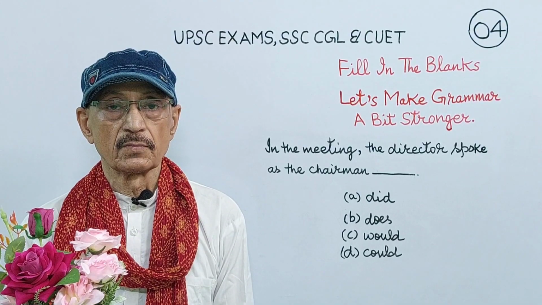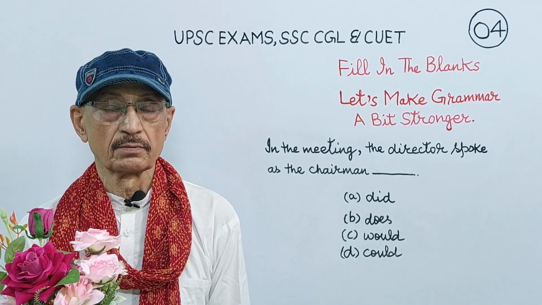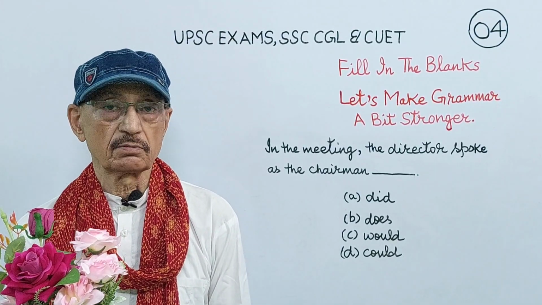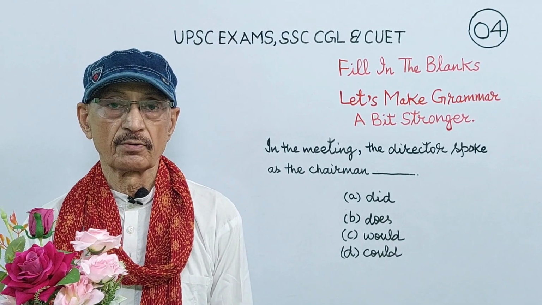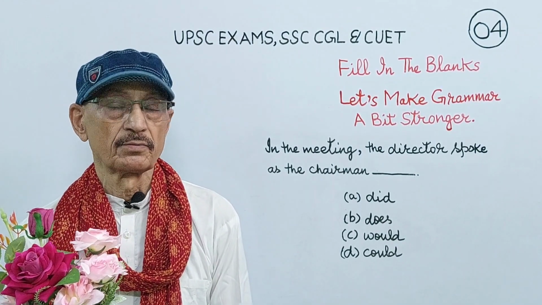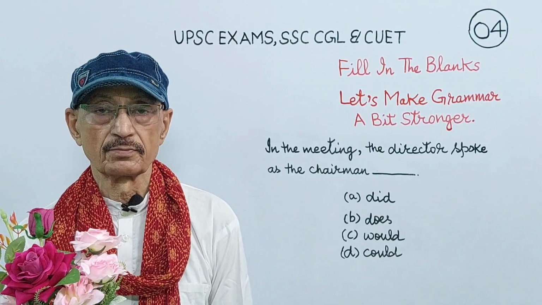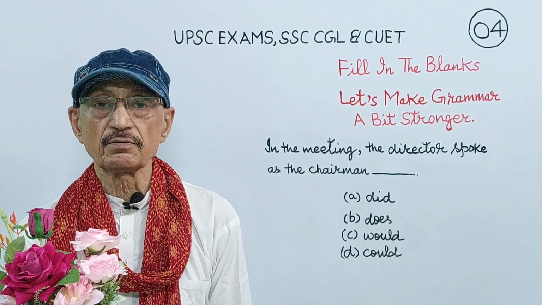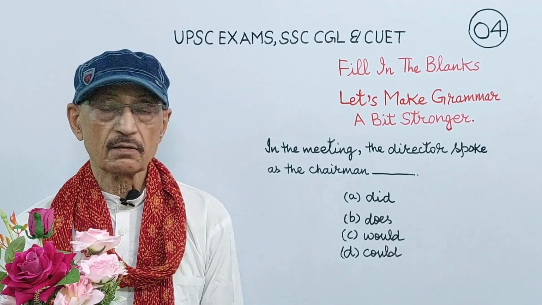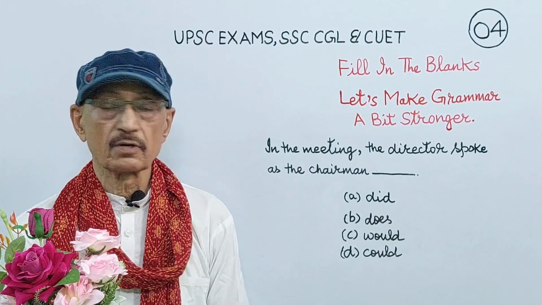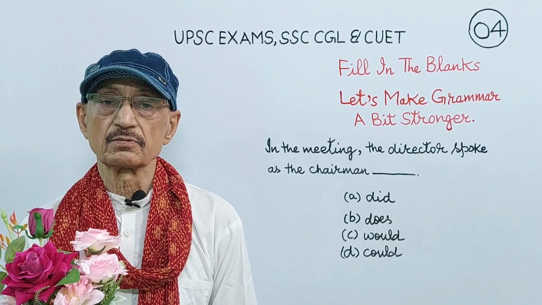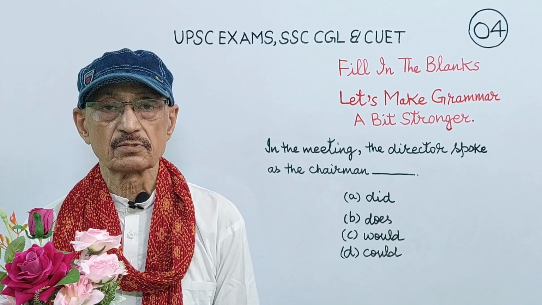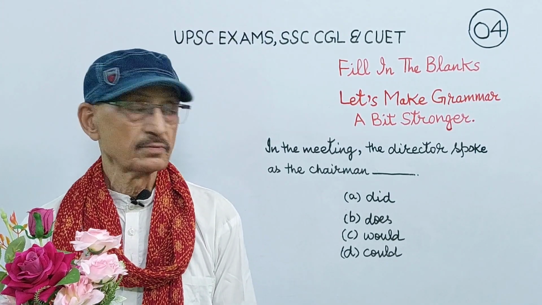meaning. In the meeting, the director spoke as the chairman, blank space. There is a group of 4 alternative words given here. They are did, does, would, could. Did, does, they are auxiliaries or helping verbs.